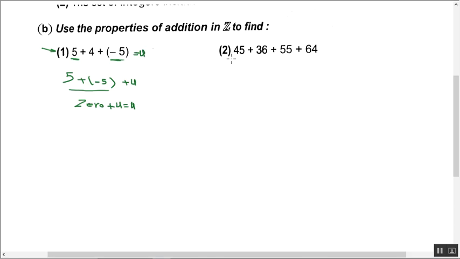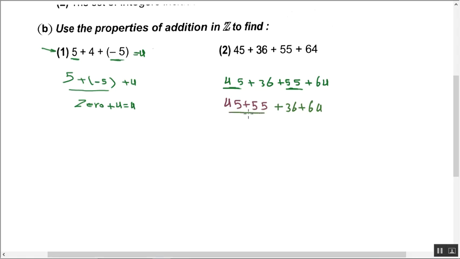Here number 2, question number 2, he said 45 plus 36 plus 55 plus 64. We can take 45 and here 55. We can take 45 plus 55 together. Here also we use the commutative property.